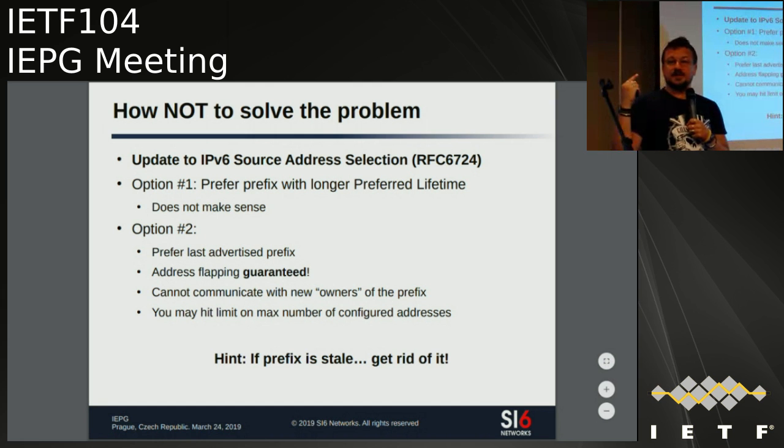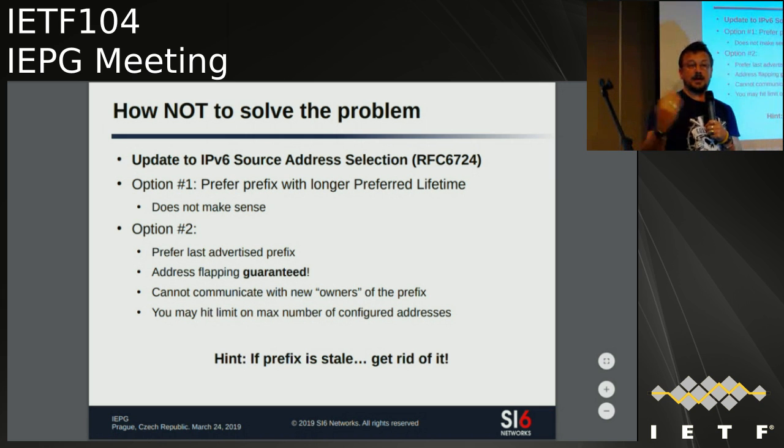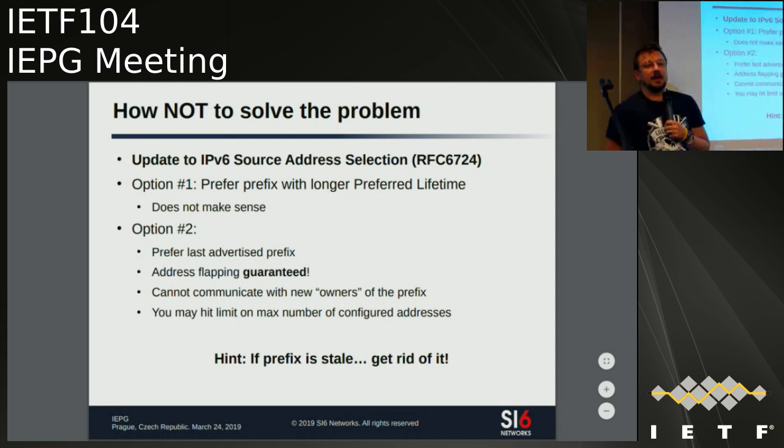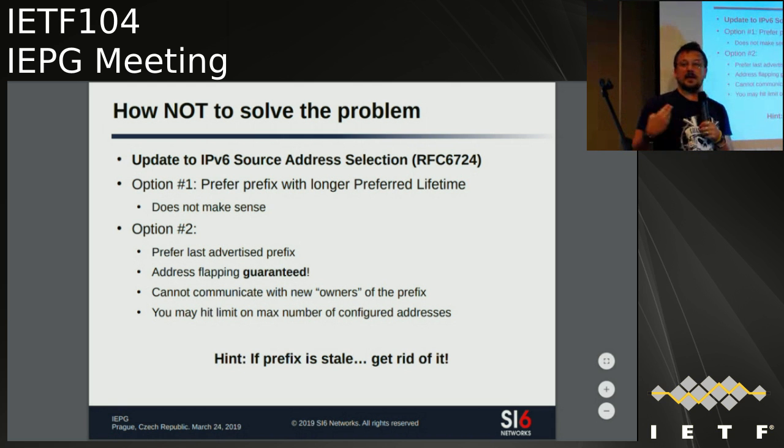The second problem is that since you keep the old addresses configured, you might hit the system limit on the number of configured addresses. So if you get, for example, one reboot every day, after a couple of weeks you will have configured 16 addresses and the new prefixes advertised will be ignored. Now, there is another problem, probably not as bad as this one: if you are in a multi-prefix network segment, where two prefixes are being advertised by two different routers, then as these two routers advertise their corresponding prefixes, the source address of your packets will flap, okay?